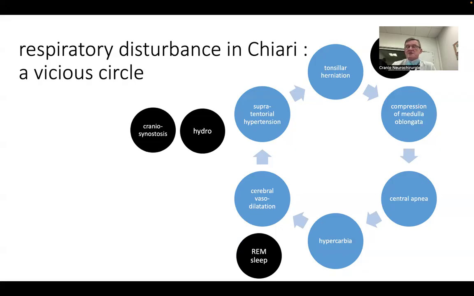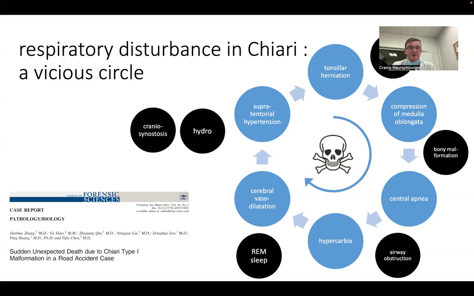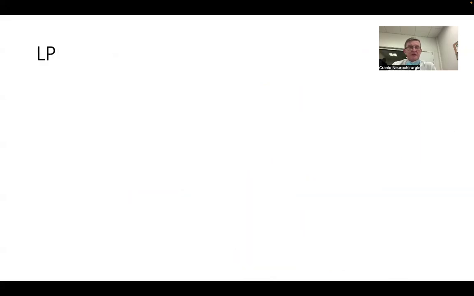The tonsillar herniation can be aggravated by lumbar puncture, and the compression can be aggravated by bony malformation. Airway obstruction can also aggravate the central apnea. This can cause the death of a patient, and we regularly have publications in the literature reporting Chiari manifested by sudden death.